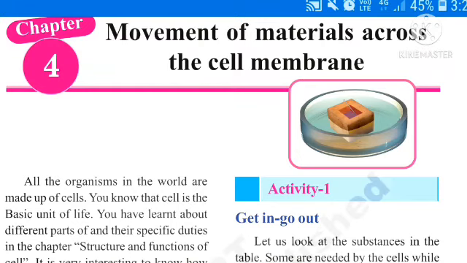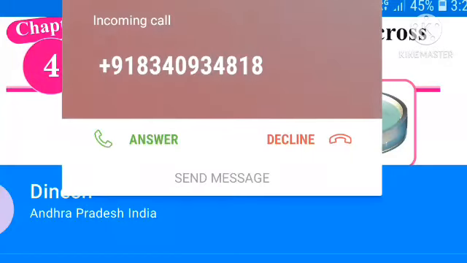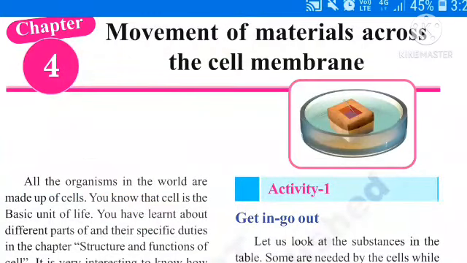Amoeba acquires its food by the endocytosis process. Recognition: it has substances over its surface which function as recognition centers and points of attachment. That is about recognition, meaning identification.